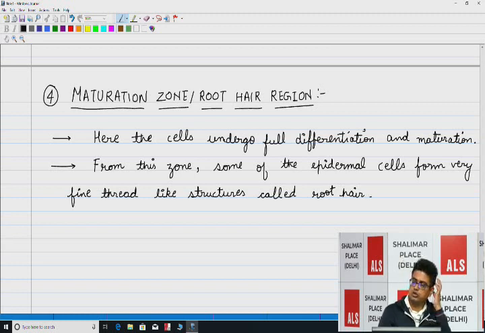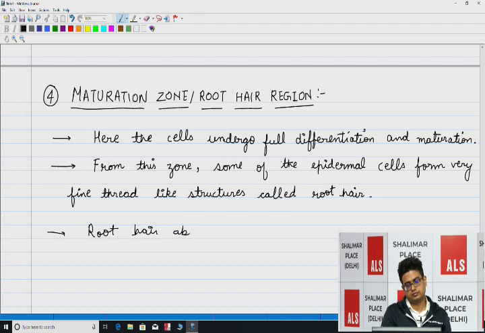And the root hair absorb basically water and minerals from the soil. Okay. And what do the root hair do? Everybody knows, right? Root hair absorb water and minerals from soil.